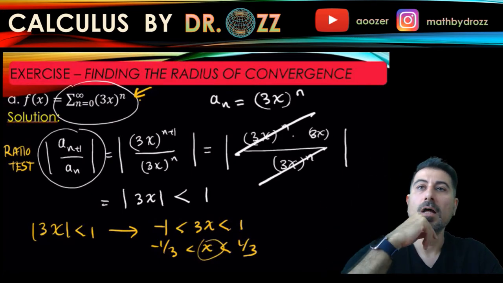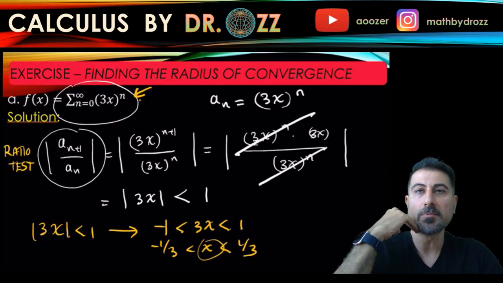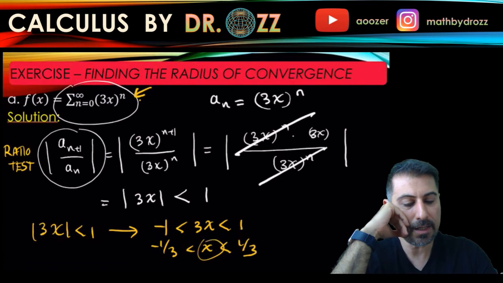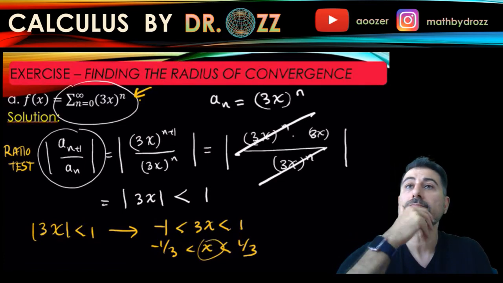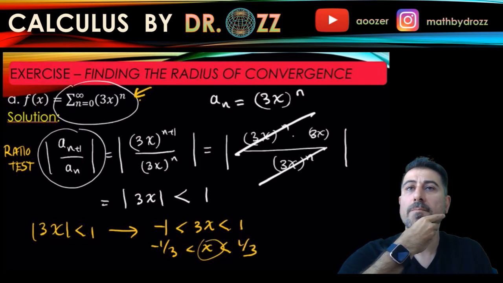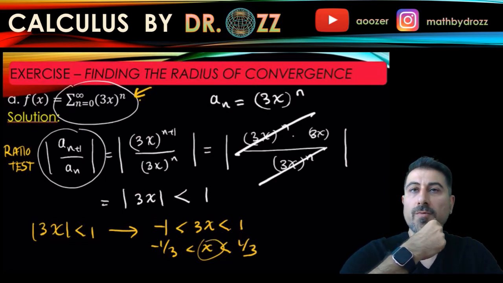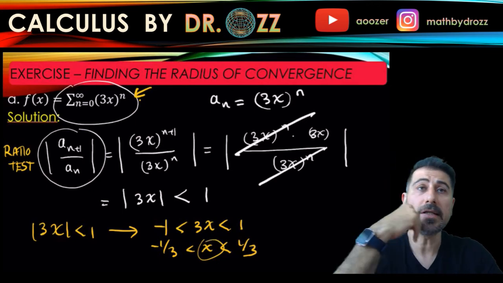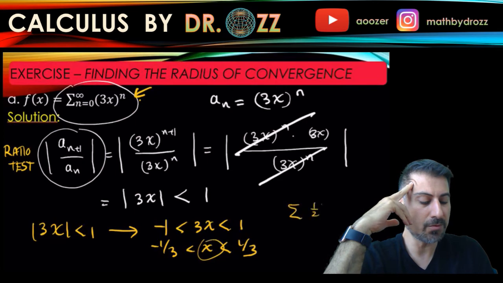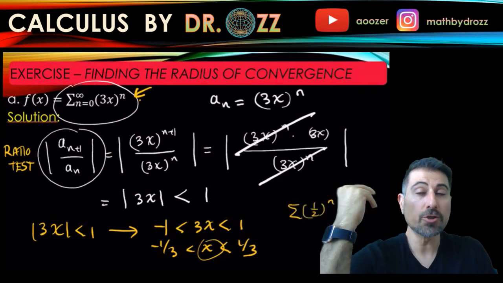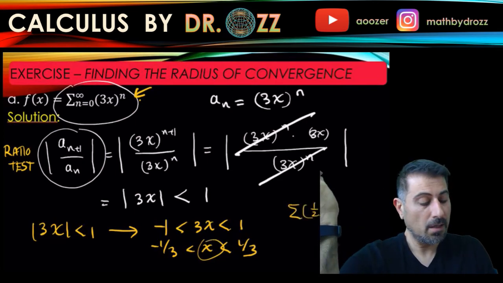For example, 2 over 3 is not in that range. 1 over 6, for example, is in that range. So with 1 over 6 plugged in, it makes it like (1/2)^n. And this is a geometric series with r being 1/2, so this is a convergent series.